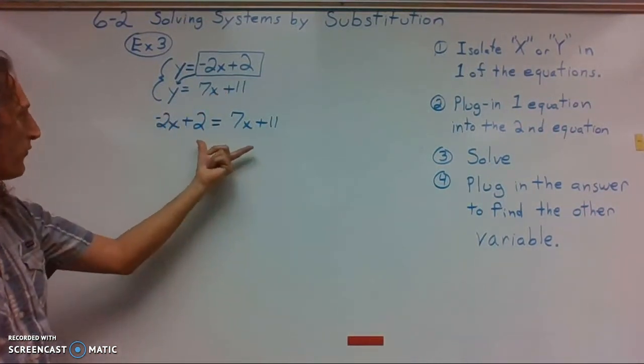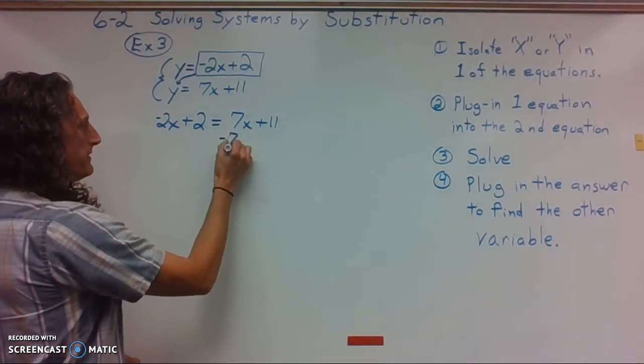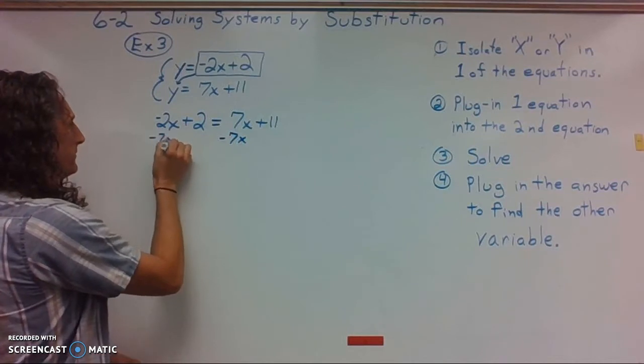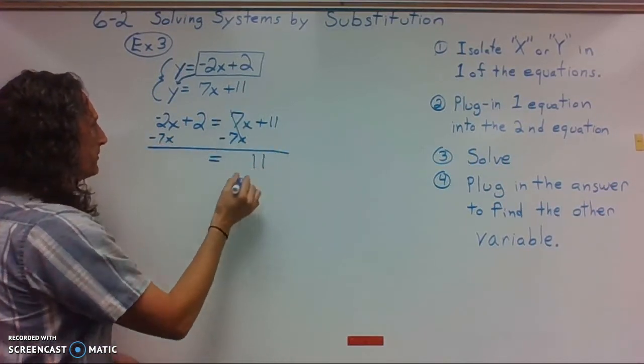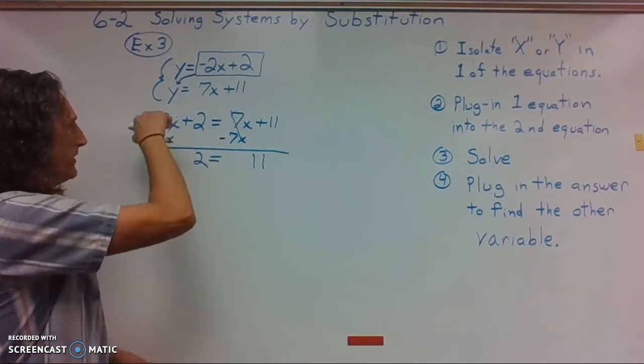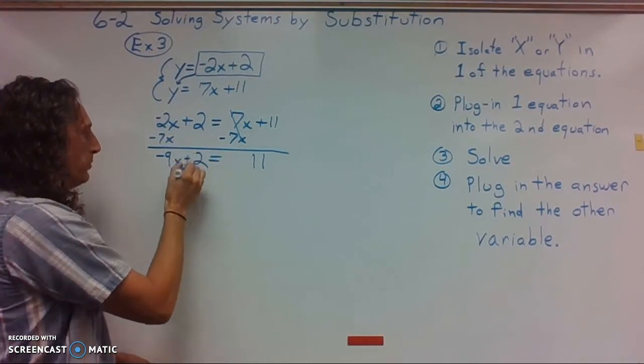Now I have to solve for x. So this is variables on different sides. So I have to get my x's together. My 11 falls down, my 2 falls down, and the negative 2 plus negative 7 is negative 9x plus 2.